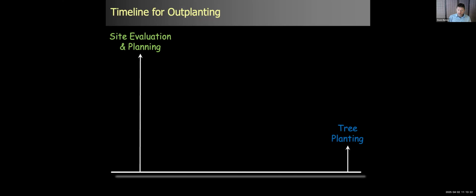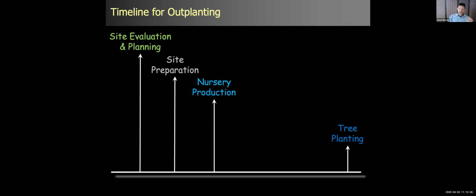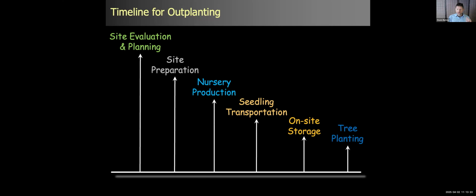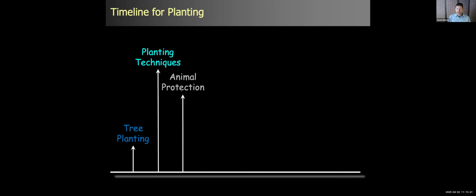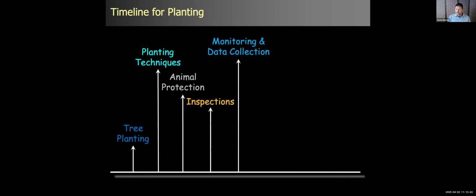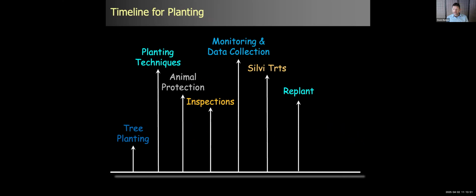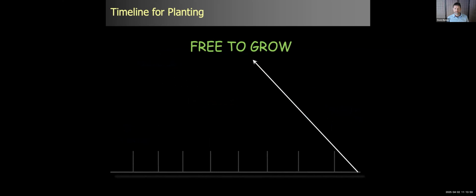And so I'm going to be talking about site evaluation and planning, site preparation, nursery production, seedling transportation, on-site storage, the actual action of planting the trees and planting techniques, animal protection, inspections, monitoring and data collection, post-planting silvicultural treatments, the potential need to replant, and additional monitoring and data collection. And finally, we get to a point where seedlings are free to grow.